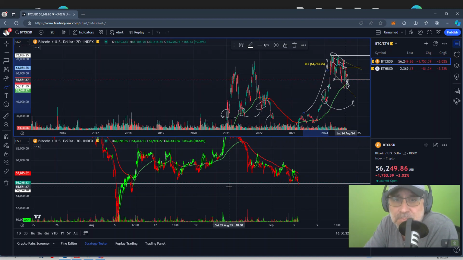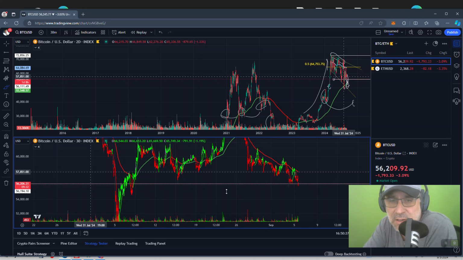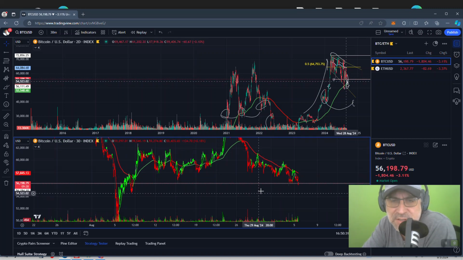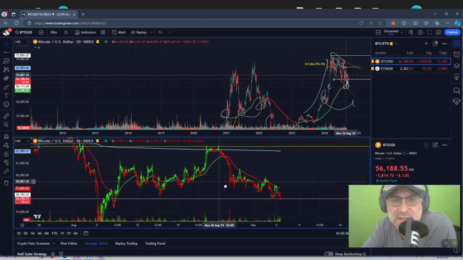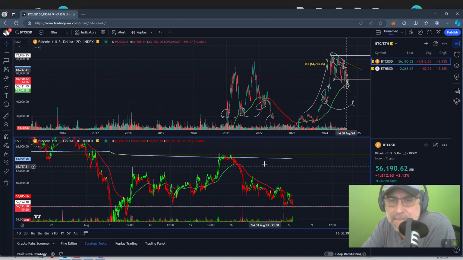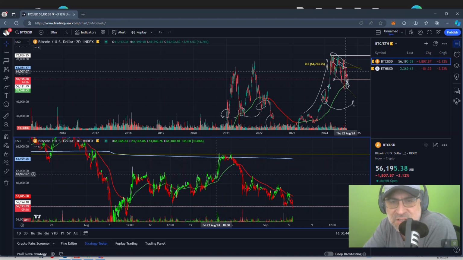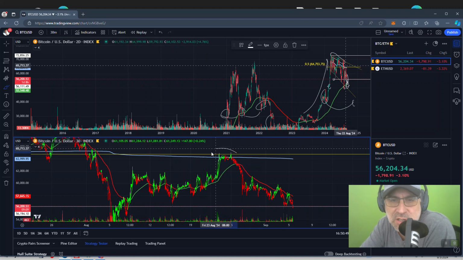Now, on the micro, here I have Bitcoin on a 30-minute, and we can inspect the price action a little bit more forensically. And then we see here also that I drew the anchored VWAP again off the buying climax of the trading range, and here's that rejection we were talking about, the VWAP rejection.